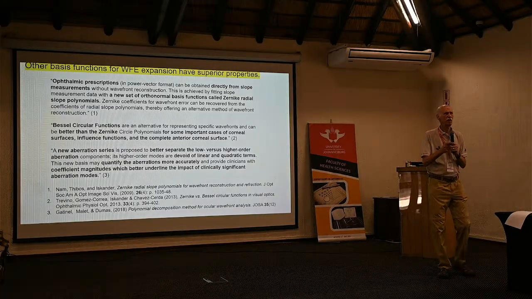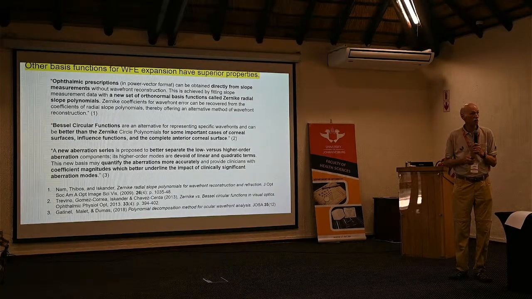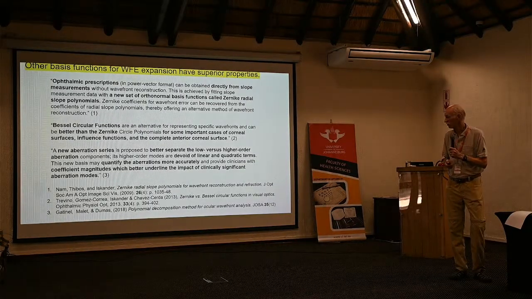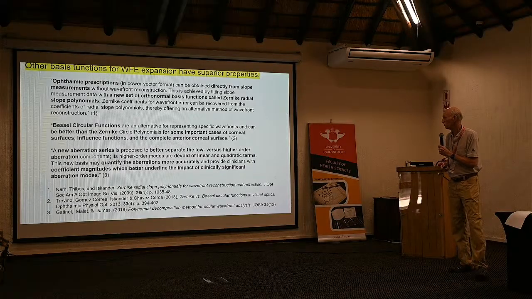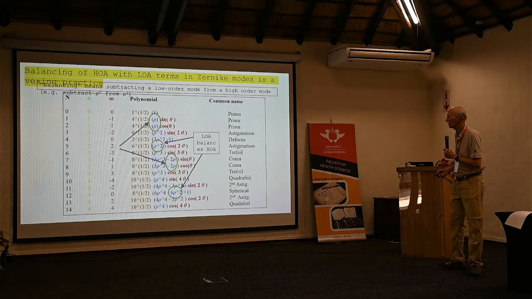At the last VPO meeting, maybe 2 meetings ago, Damien presented this work showing his new series, and he said it had better, superior qualities. So what's he worried about? Let me show you what he's worried about.